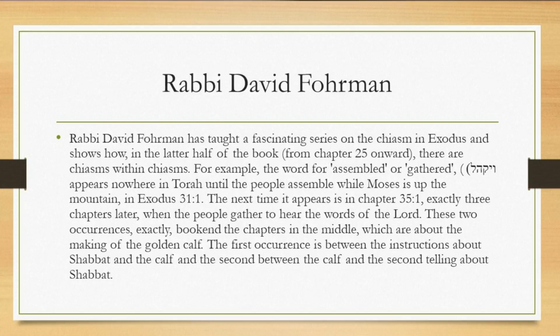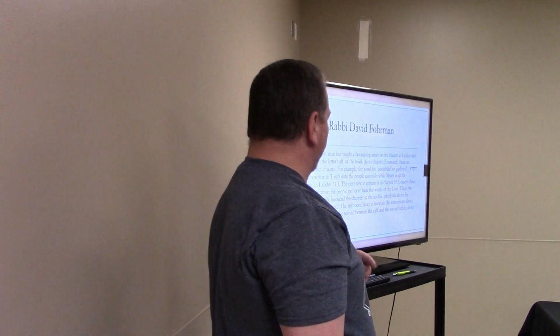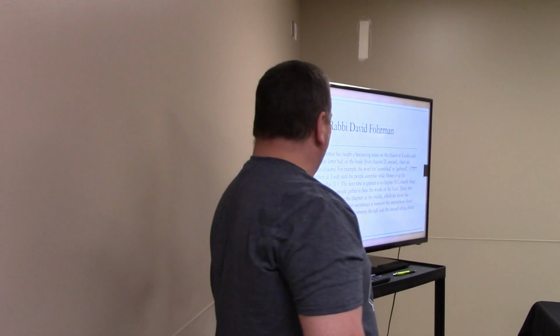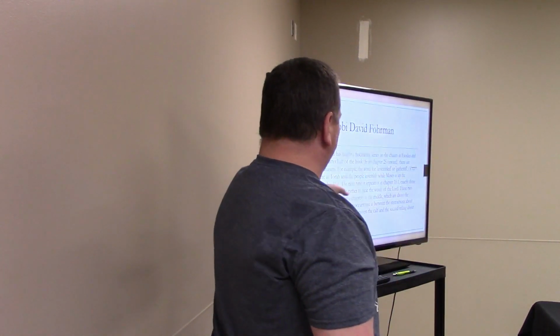And in that he found, this is kind of his journey, he found in Exodus that in the latter half of the book, from chapter 25 onward, there are chiasms within chiasms. And we're going to see a couple of those in just a minute. For example, the word for assembled or gathered appears nowhere in the Torah until the people assembled as Moses goes up the mountain in Exodus 31:1.